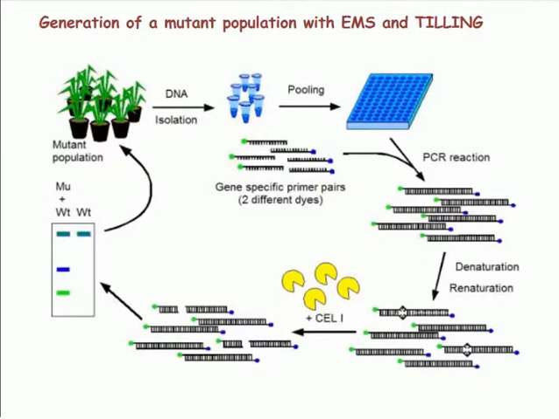You cut with the restriction endonuclease enzyme, Cel1, and that will cut at this mismatch part of the hybrid DNA molecule. And then basically you just run it on a gel, or even if you use fluorescent probes, because of quenching, you could recognize which pool contains a mutated fragment.